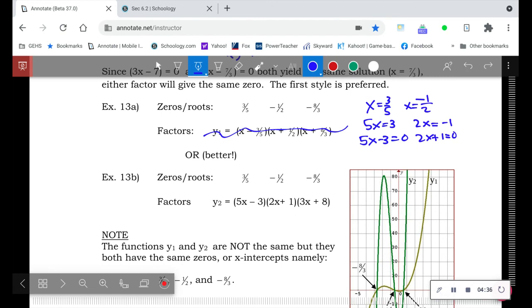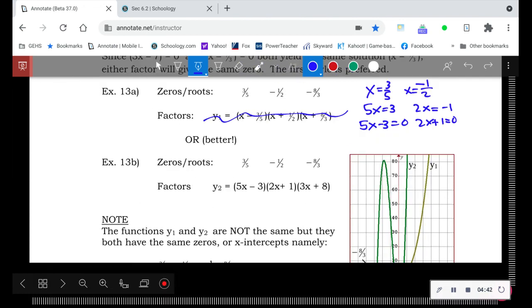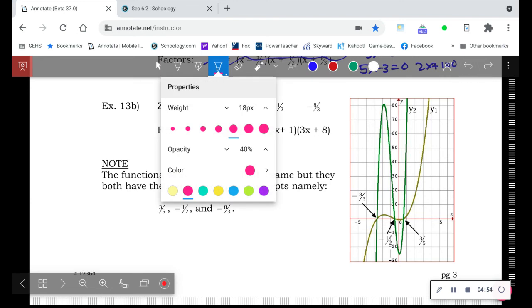Okay, so we've got all of these out, and if it asks for it, you'd have to multiply it all out to get standard form. But there's your answer, and you can maybe see this one here. Now, a shortcut is pretty easy. The number on the bottom, let me get a smaller pen here.